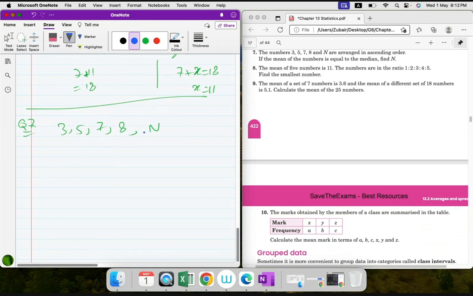If mean is equal to median, I can see these are 5 numbers, so the median must be 7. And the mean is equal to it, so the mean should also be 7. Mean is equal to 3 plus 5 plus 7 plus 8 plus n, by 5, and it should be equal to 7. 3 plus 5 plus 7 plus 8 is 23.